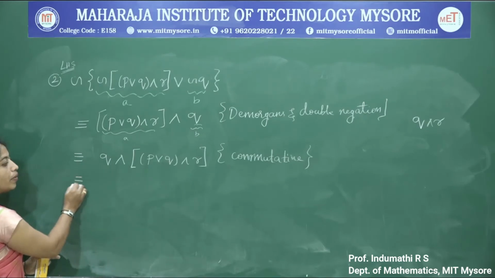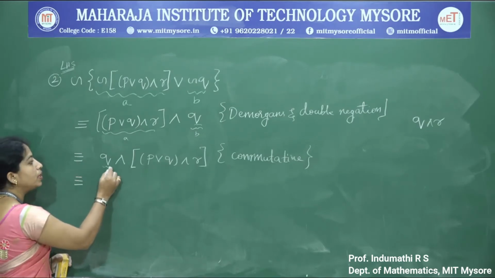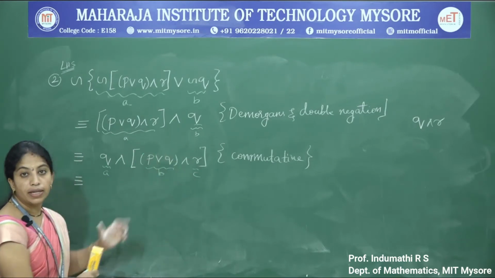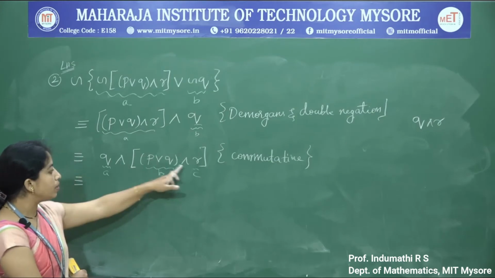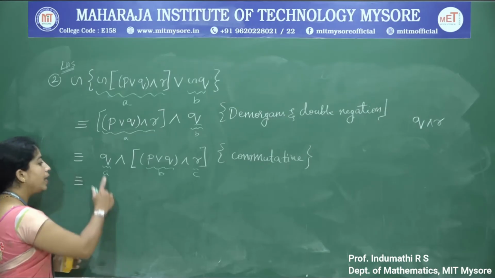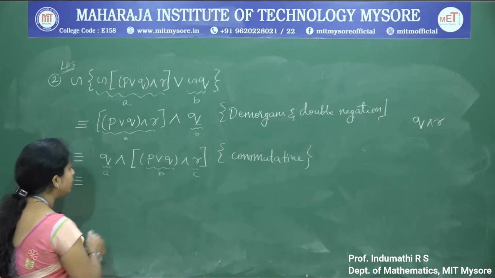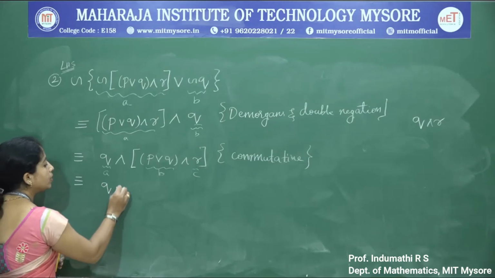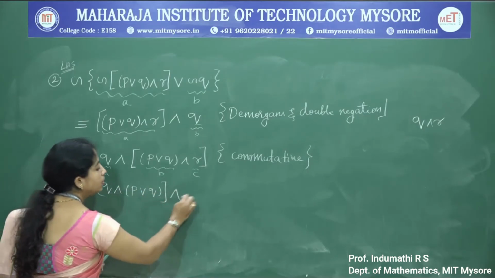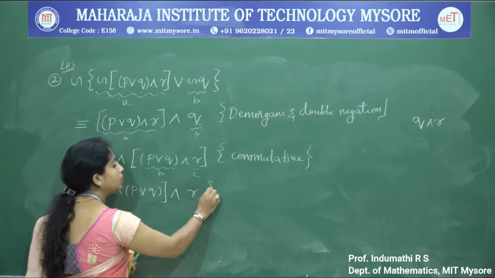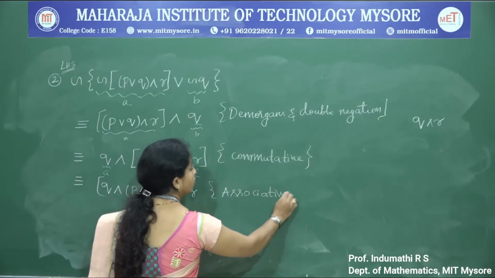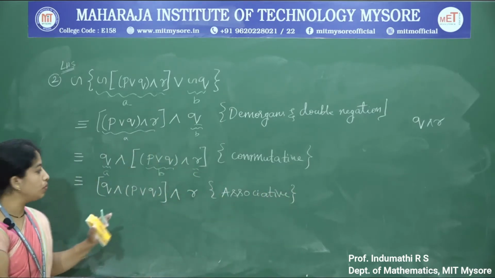Again, this is logically equivalent to, imagine the first term is A, the second term is B and the last term is C. Now, the brackets are for the last two terms. See, the symbols are similar. We can apply law of associative. A conjunction (B conjunction C) can be written as (A conjunction B) conjunction C, where C means R. This is by using law of associative.